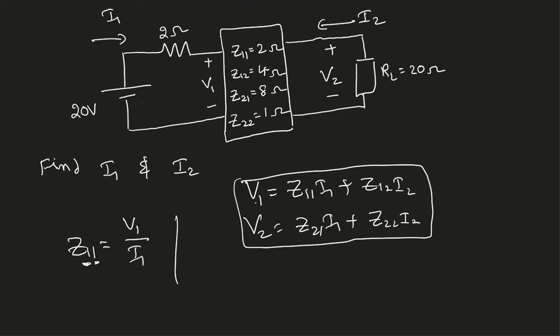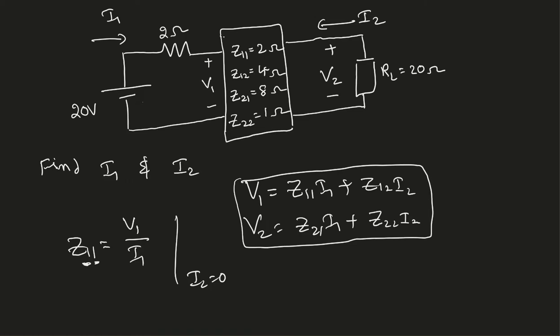Voltage must be equal to current times impedance or resistance. So we have impedance times current, that will give us the voltage. So voltage equal to voltage plus voltage. That's how you can remember these formulas. Now, I already know Z11, Z12, Z21, Z22, so that's given in the circuit.